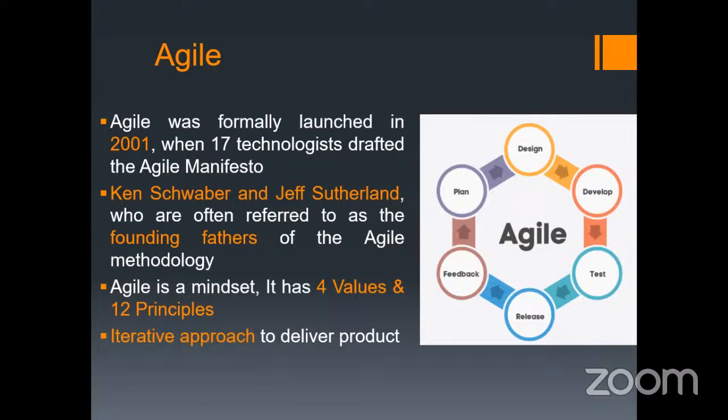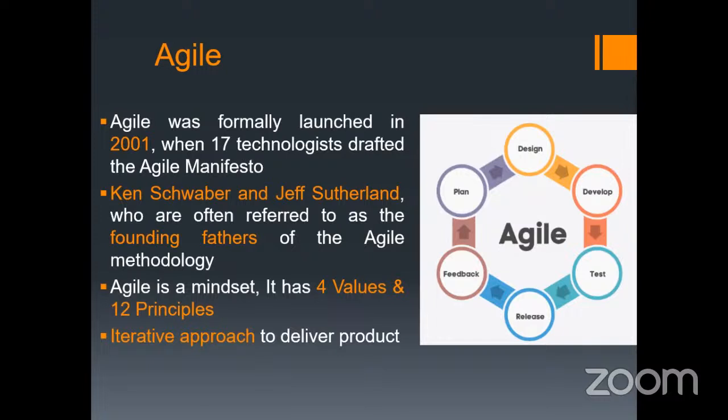In the year 2001, Agile was launched by 17 technologists, and that is called the Agile Manifesto. Basically, Ken Schwaber and Jeff Sutherland are called the founding fathers of Agile methodology.